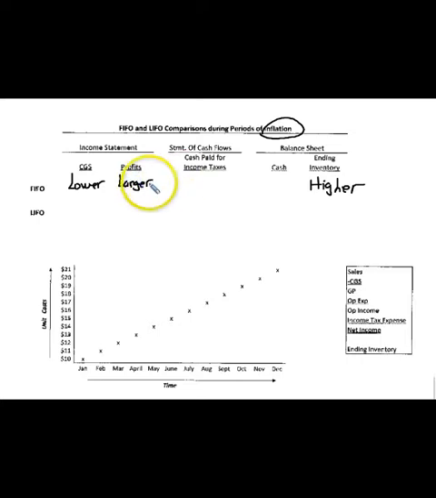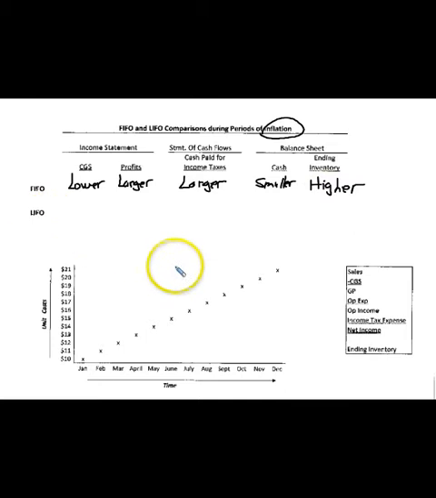If we have larger income or larger profits, we will pay more tax on that. So higher profits lead to higher taxes. If I pay more for taxes, I will have a smaller amount in the bank. So my cash in the bank will be smaller. Okay, so that's going through FIFO.